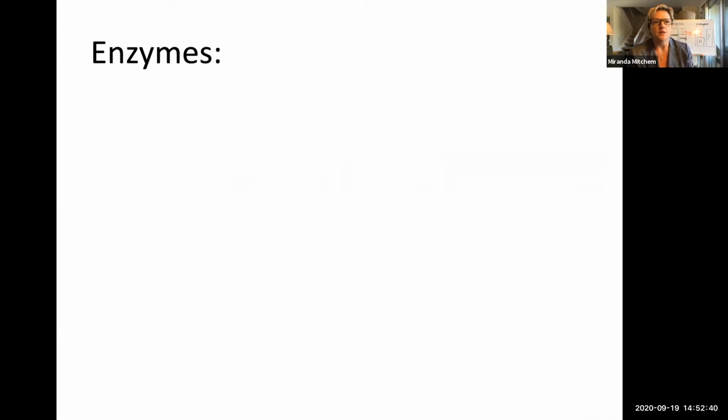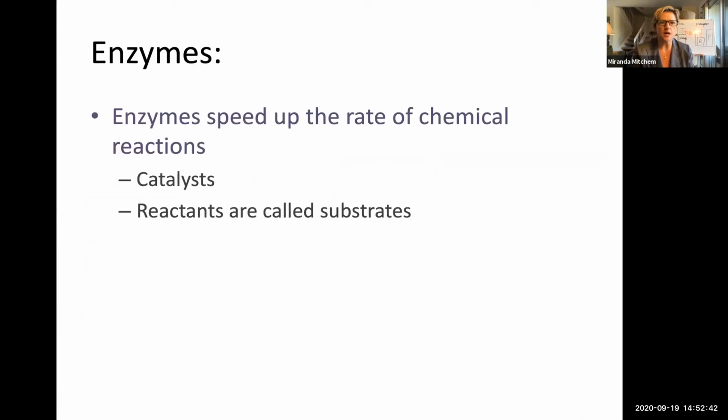All right, so let's talk about enzymes. Having an enzyme does something. The way to help think about it in our body is that it makes the chemical reactions possible. So strictly speaking, an enzyme is a biological catalyst.